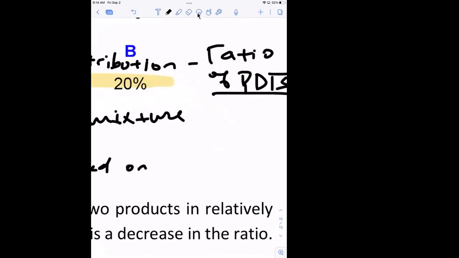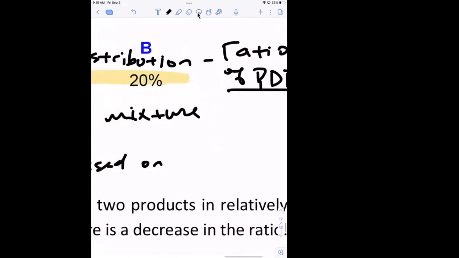Is chirality one of them? So the chirality is going to force it to be unequal. So I agree with you there. But there's something about the actual group at the chiral center that causes the ratio between those two products to either be really, really disparate or be really close.